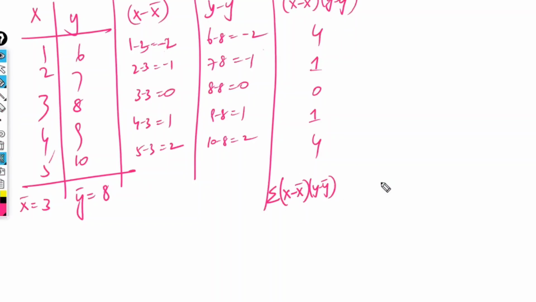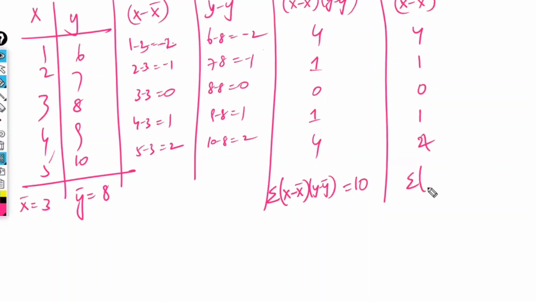Whatever you have done, that sum is 10. Next, x minus x bar whole square: minus 2 whole square is 4, 1 square is 1, 0 square is 0, 1 square is 1, 2 square is 4. The sum of x minus x bar whole square is again 10.